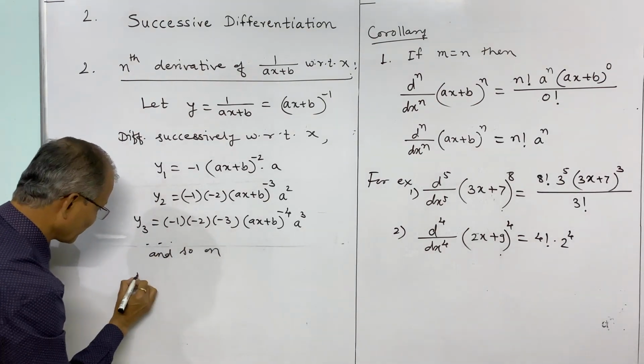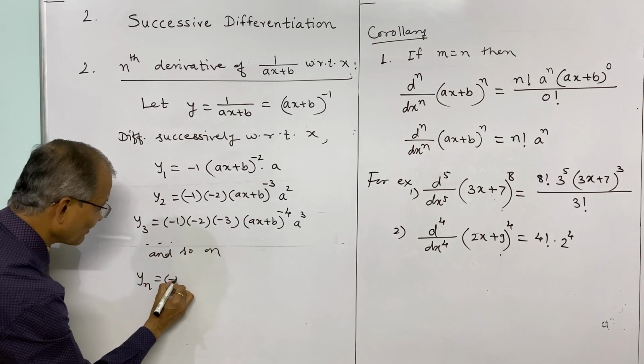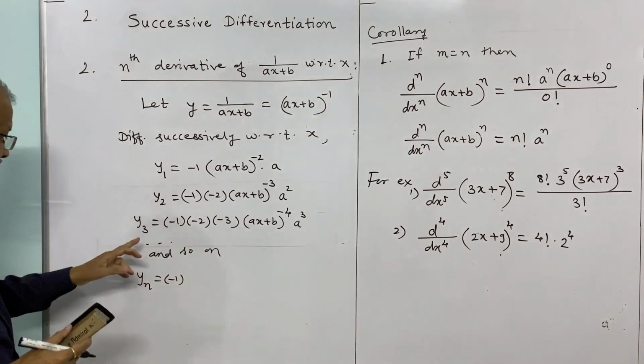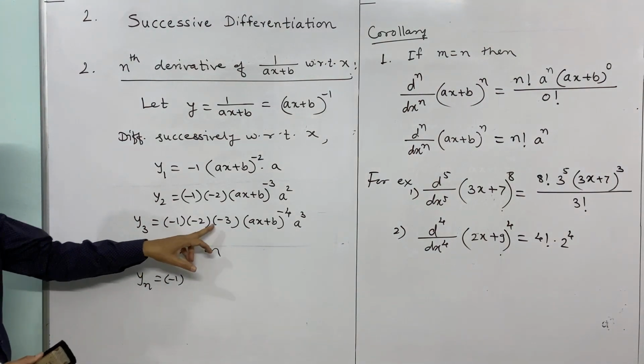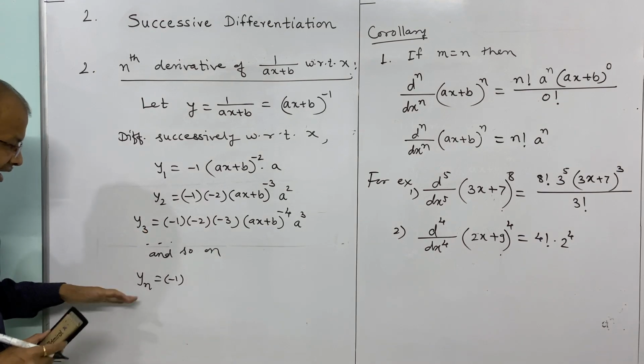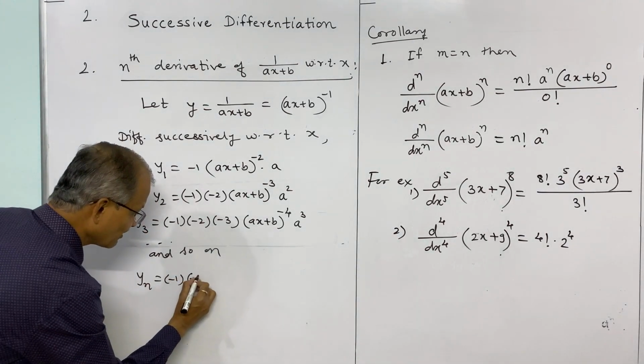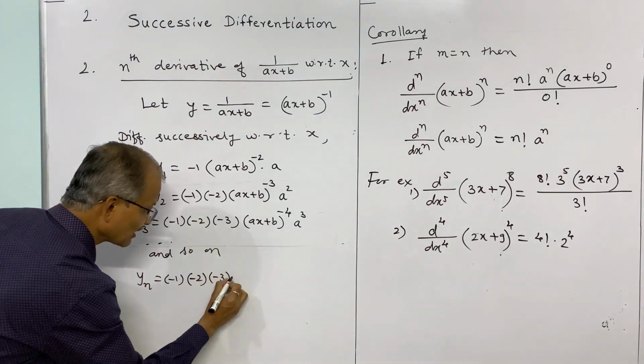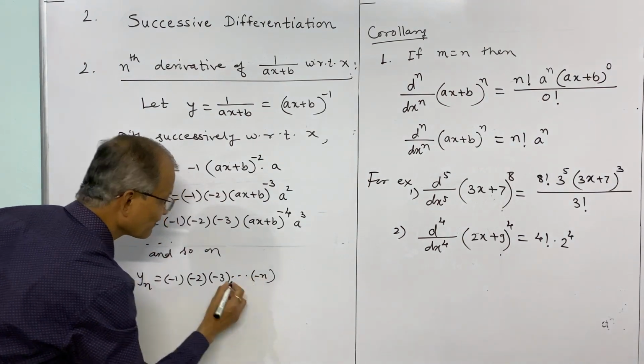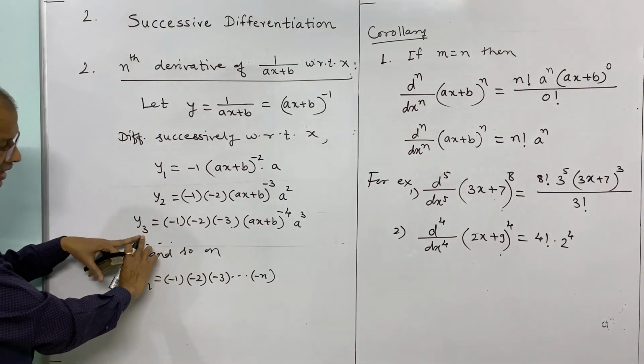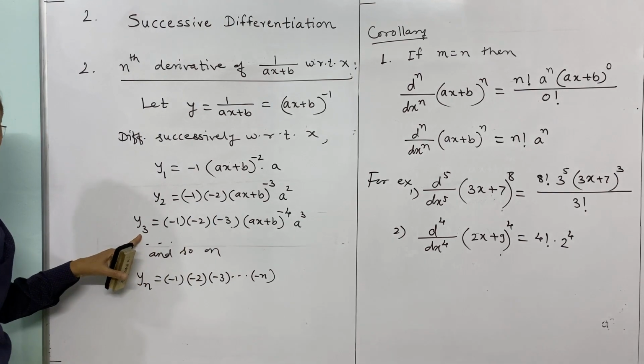What will be yn? Yn will be minus 1. It is easy. See, observe y3: minus 1, minus 2, minus 3. Therefore yn will be minus 1, minus 2, minus 3, continued up to minus n. The order and the term are the same.